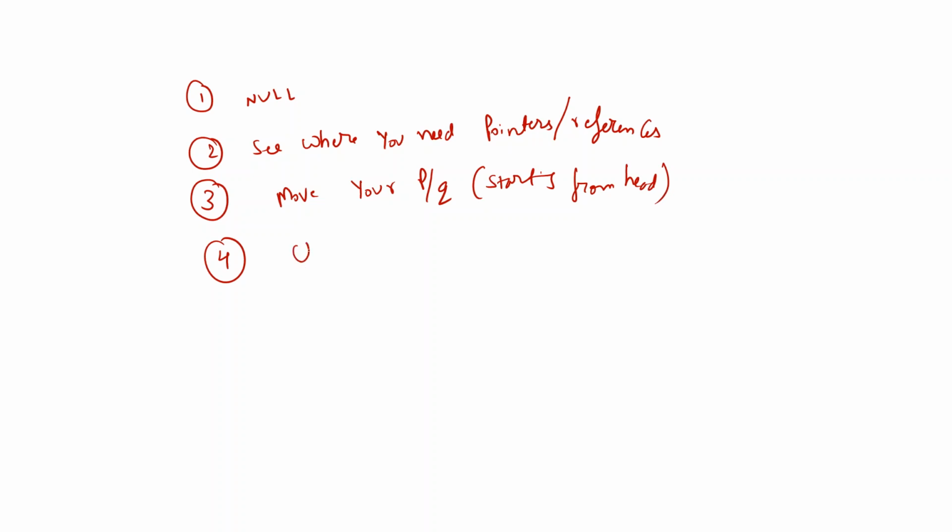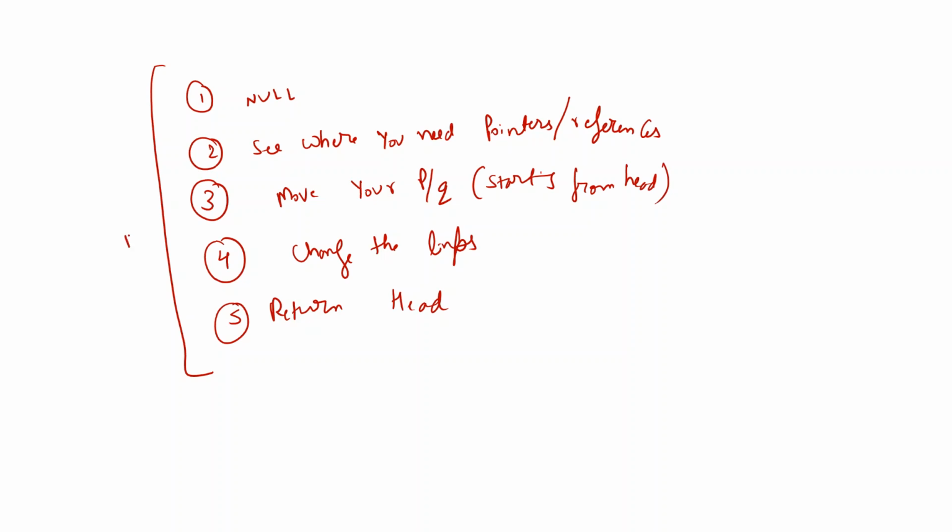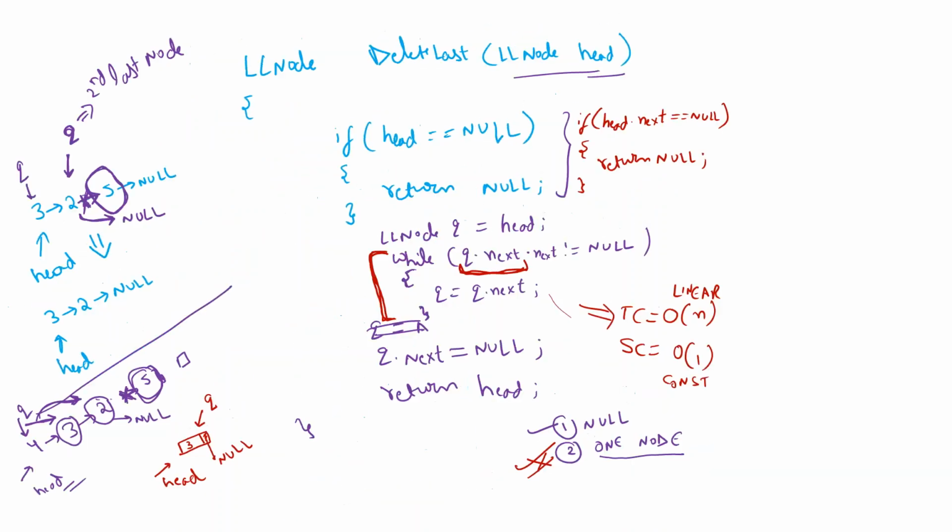And then change the links, whatever links you want to change. Finally, return head. Couple of steps, not difficult steps, easy steps, which ensure that you'll have a correct program, right?